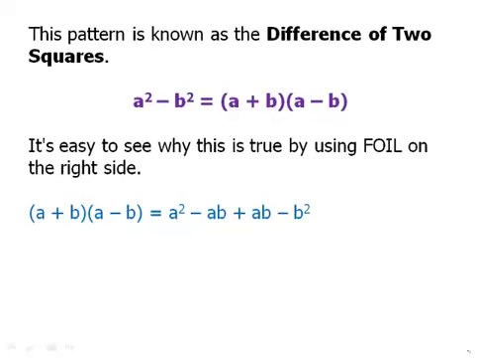And the product of the last, b times negative b, would be negative b squared. Now, miraculously, those two cross terms, negative ab and positive ab, cancel. And so we're just left with a squared minus b squared. So this is an extremely elegant pattern, and this is precisely why the test is absolutely in love with this pattern.